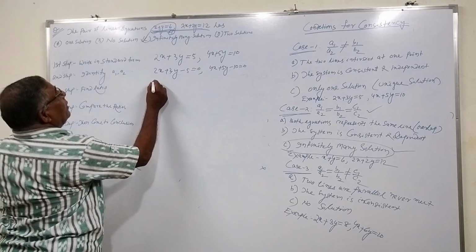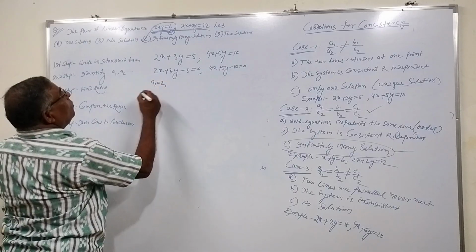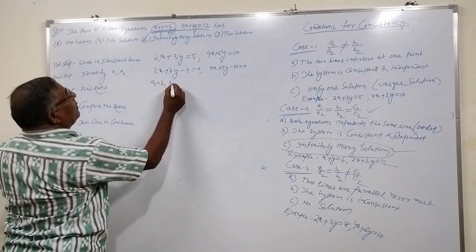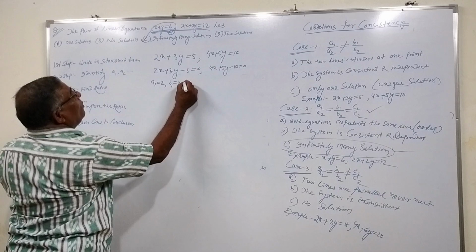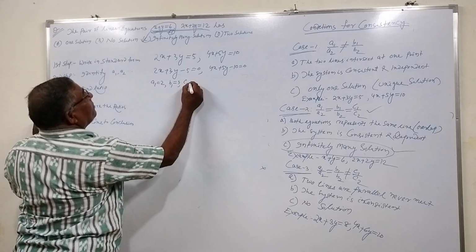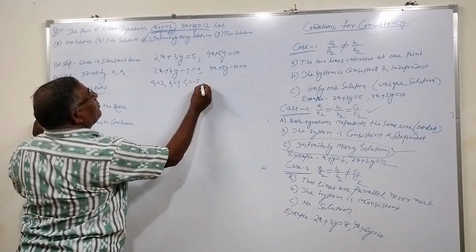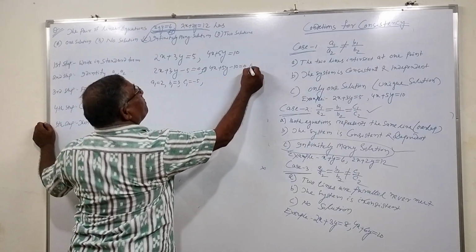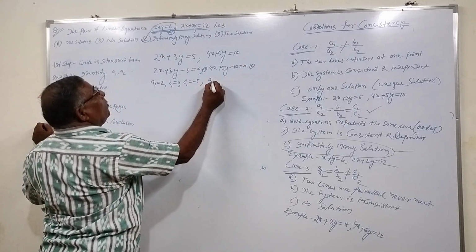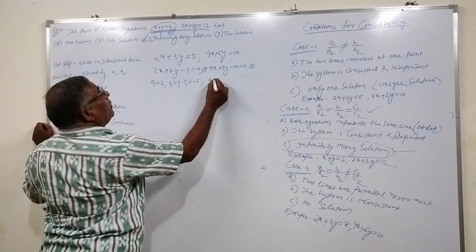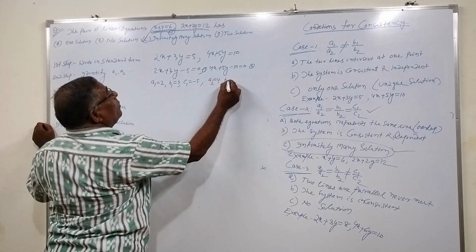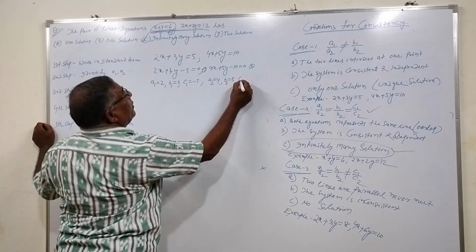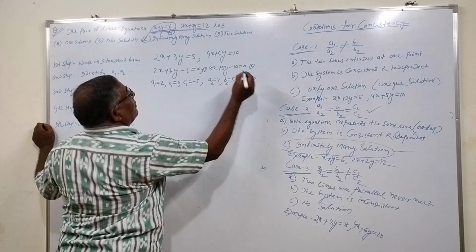Second step, identify A1, A2, B1, B2, C1, C2. For equation 1: A1 is 2, B1 is 3, C1 is minus 5. For equation 2: A2 is 4, B2 is 5, C2 is minus 10.